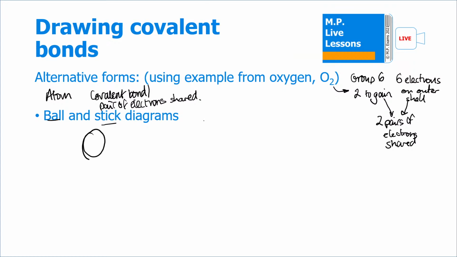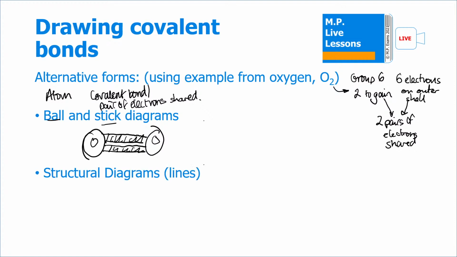We'd show this with first a ball, which we'll write with an O, another ball with an O, and we'll draw 2 sticks between them. Next is the structural diagrams or lines, which you'll see much more when you do other units such as organic chemistry. In this, you simply draw the letters of each atom, or its element.